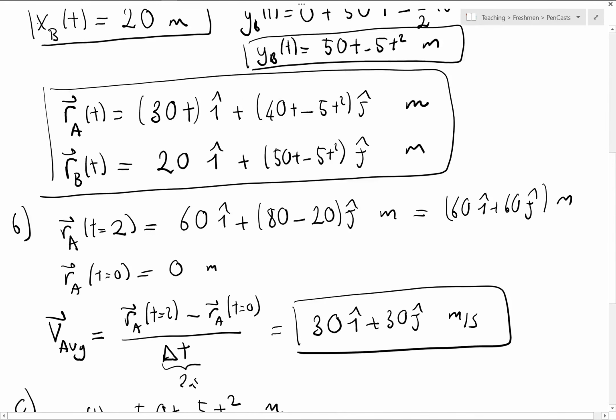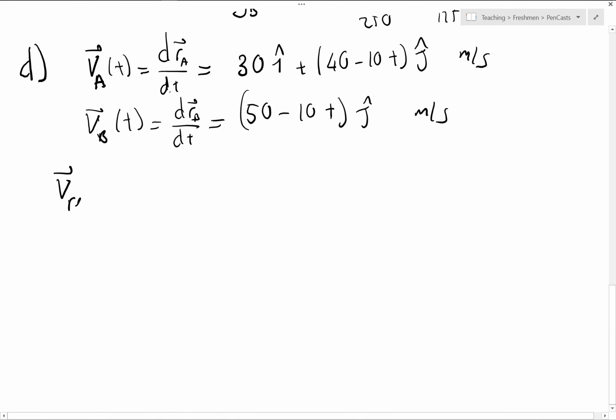What's the relative velocity of A with respect to B? Well, that's easy. If they were moving with the same velocity, I would see 0. So the relative velocity should be the velocity of A with respect to ground minus the velocity of B with respect to the ground.